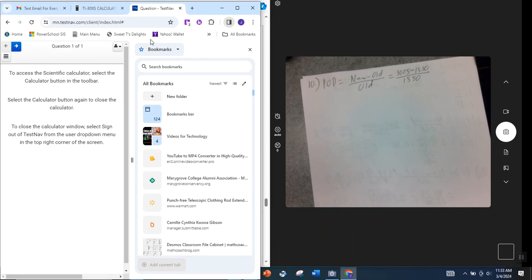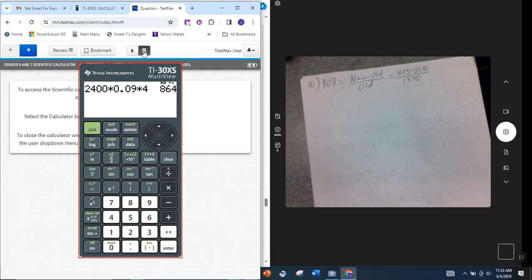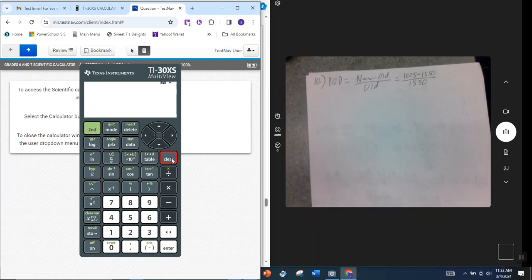Now remember, you have to remember that you do not write the negative sign here with percent of decrease. So you will click the N over D. You will click N over D, so you would take 1025 minus 1550.